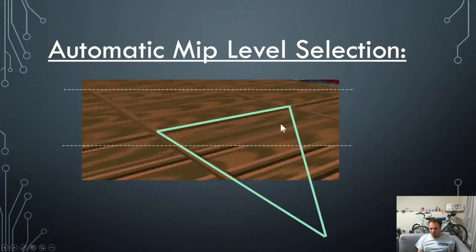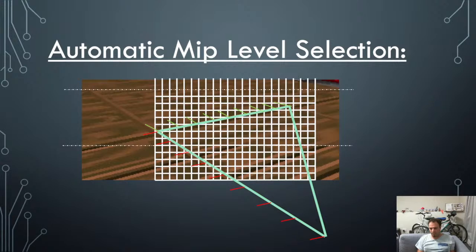So let's say we have this triangle. Let's say we're talking about a rasterizer. And this triangle maps to this image, which is tiled. So different areas of the triangle have different density of UV space, of texel density compared to, let's say, per screen pixel. So here they're more spread out, and here they're more condensed.